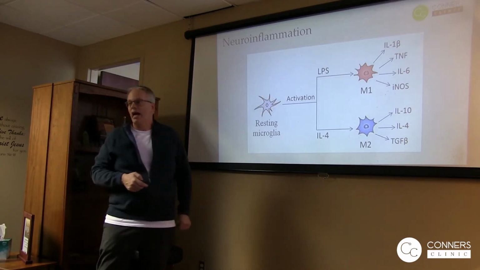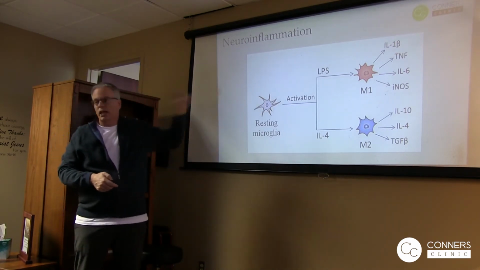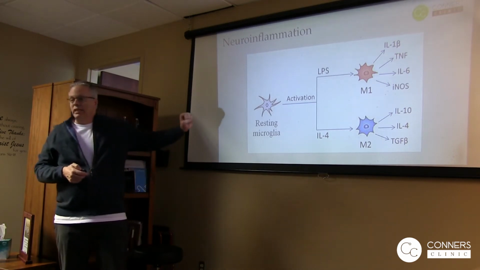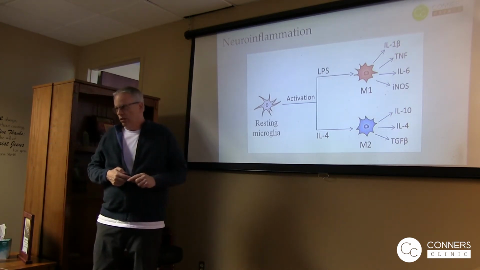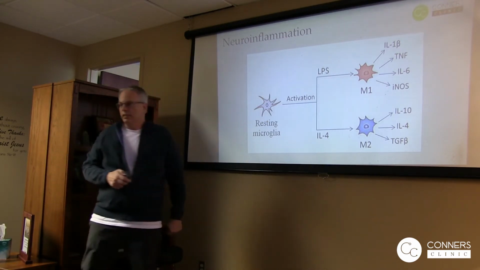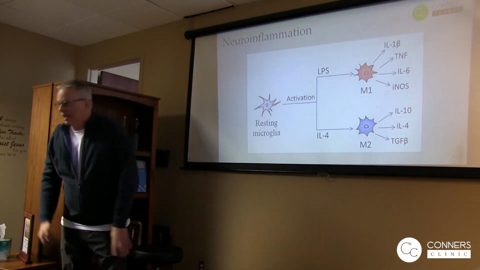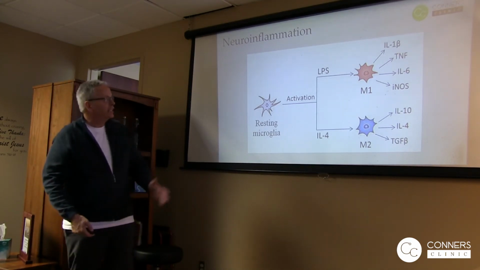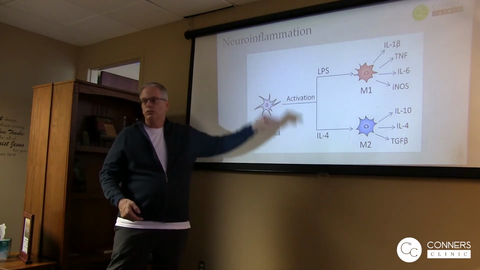Now they can become activated. That's the terminology used, is activation of these, and it's not really a good term though. So again, this is old terminology, but activation of resting glia actually means they're damaged. So microglial cells can become damaged, and then they can move to one of these two states.